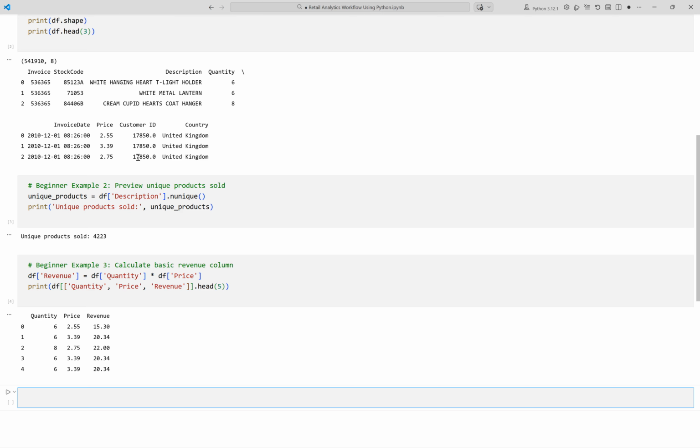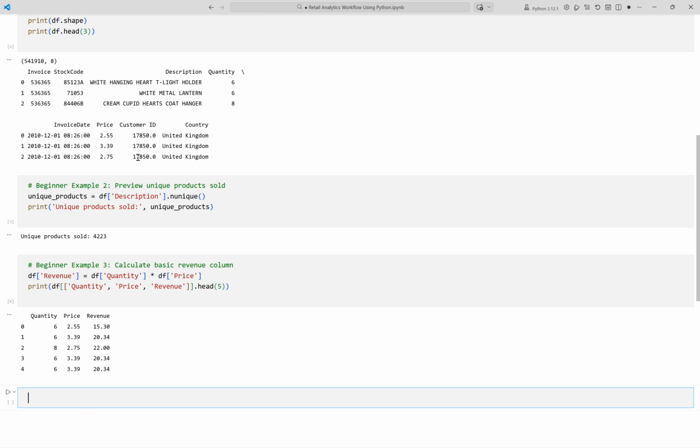Notice that revenue correctly reflects the total sales amount for each transaction, reinforcing the key concept that revenue is not simply the price but the product of quantity sold and price. This step is essential to avoid beginner mistakes in retail analytics and to enable meaningful sales insights. Practice prompt: what would happen if the price column had missing or 0 values? How would that affect revenue?